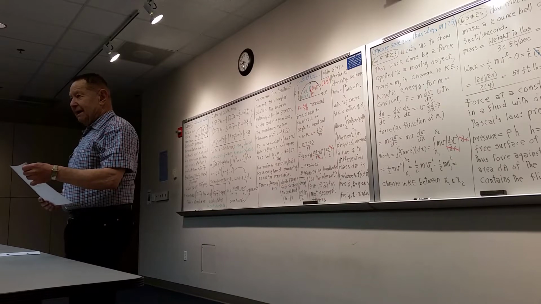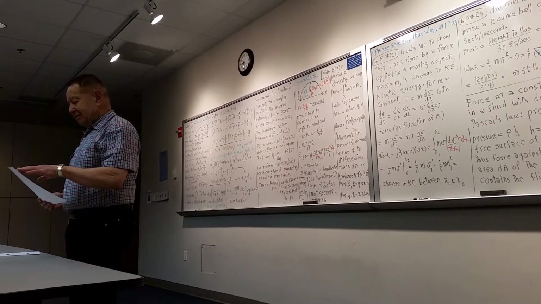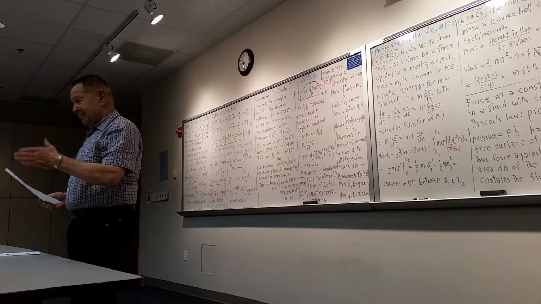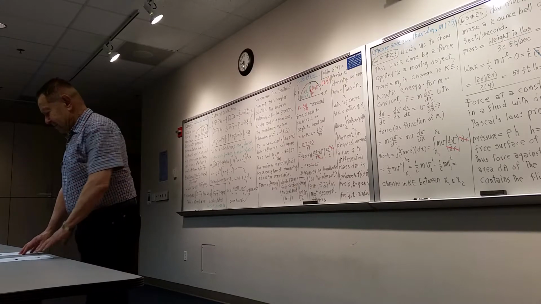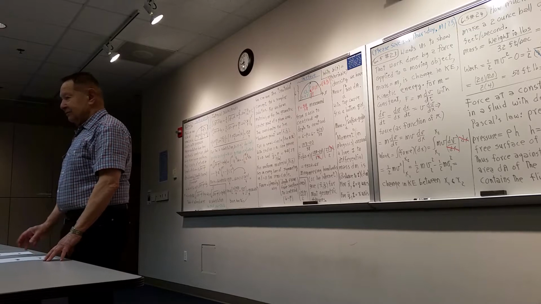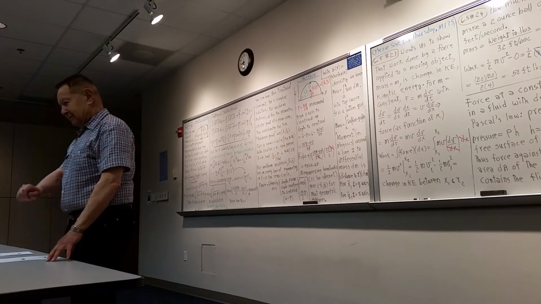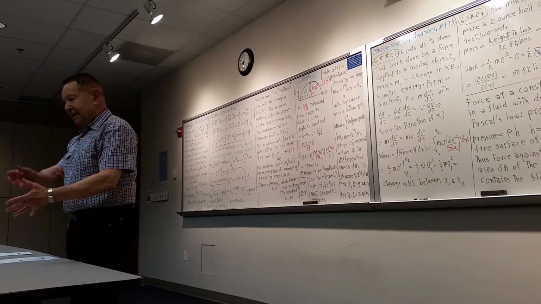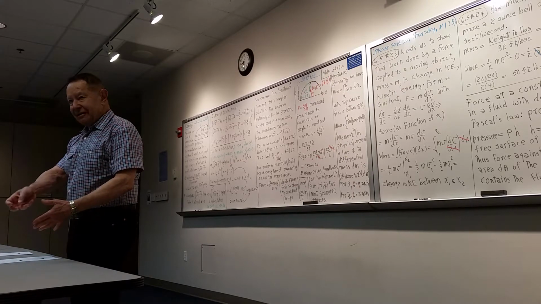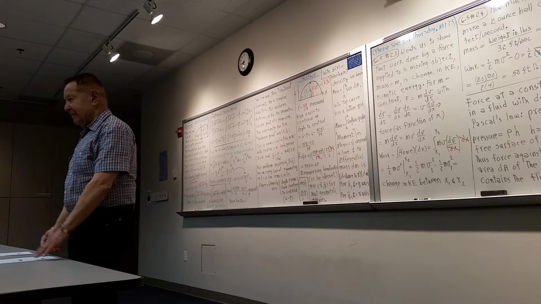Then for pi in Maple, you either have to spell it capital P-I, or else you have to use the mouse, and you can find the Greek letters and click on one of them and enter it that way.